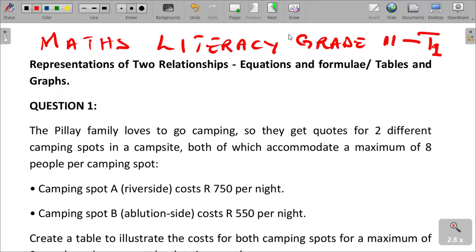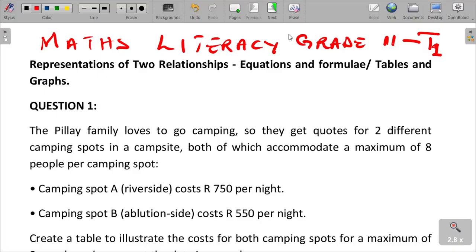Without wasting any time, I'm sure that in the previous presentation, you were able to understand different types of relationships. So today we want to work on scenarios represented without a graph, where you are asked to construct a table of values from given scenarios.